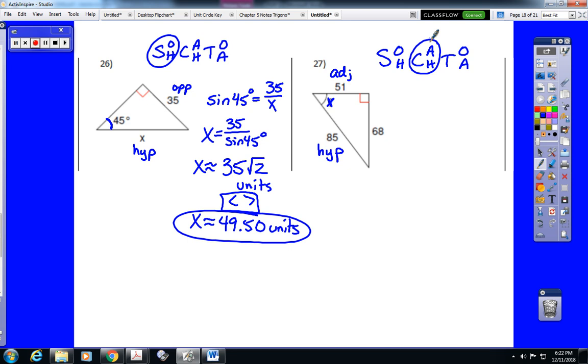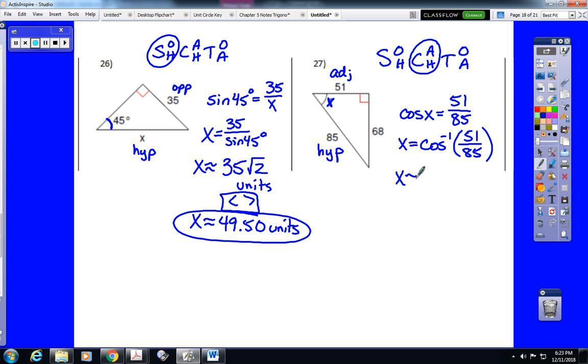You could just as easily use 68 and 85 and use sine, or 68 and 51 and use tangent. It does not matter. So the cosine of x, which is our angle, would be adjacent over hypotenuse, 51 over 85, meaning that x is the inverse cosine of 51 over 85.